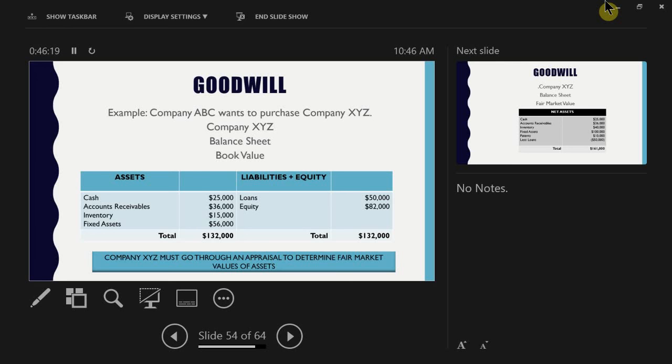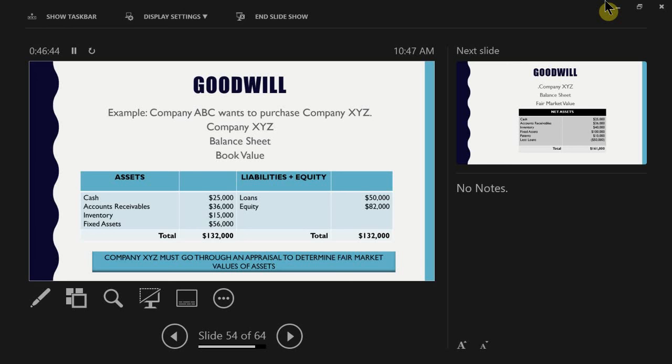They have accounts receivable for $36,000. And then they have inventory currently valued at $15,000, and they have fixed assets, which include machinery and so on, currently valued at $56,000.